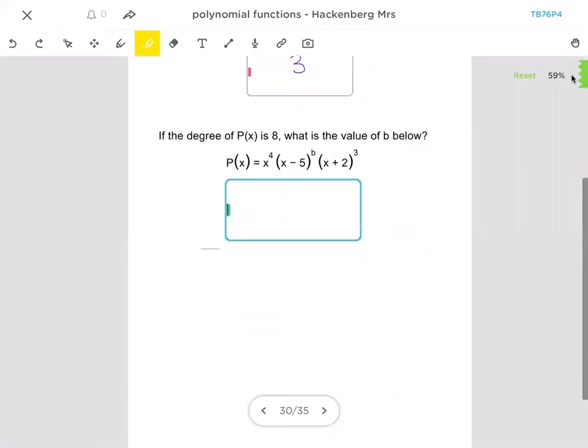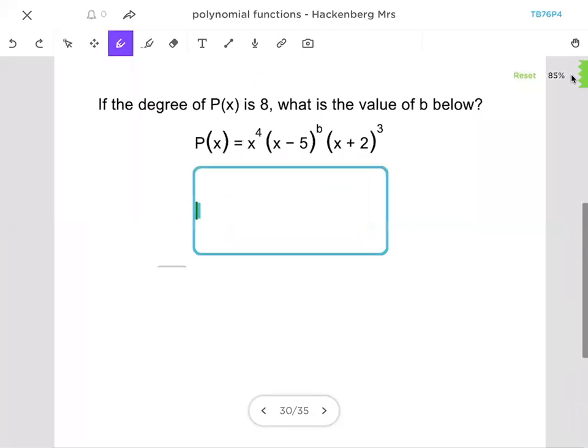Here in Get More Maths today: if the degree of p of x is 8, what is the value of b? So this would technically be a couple of terms multiplied together. I would want to add these exponents together to get the degree of that product.